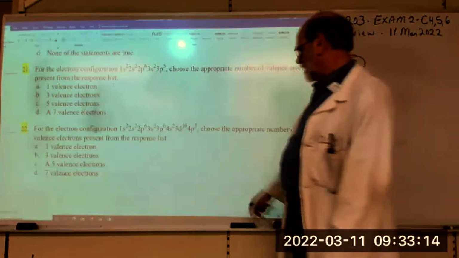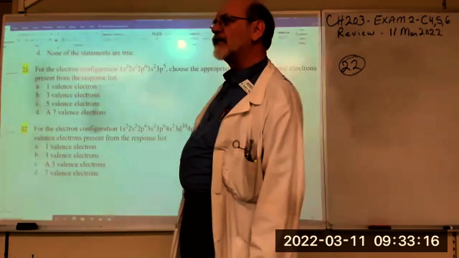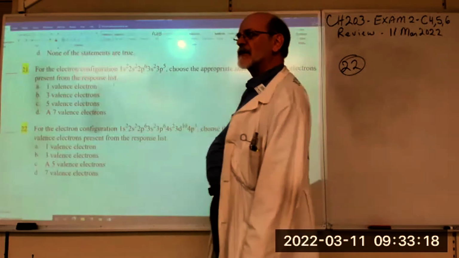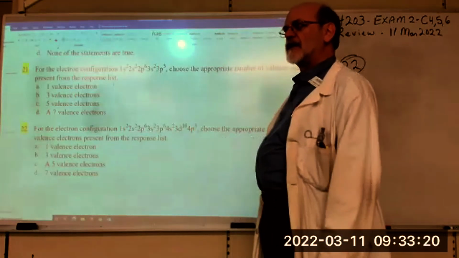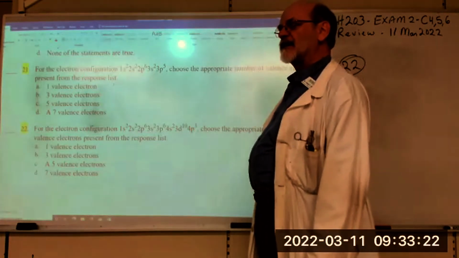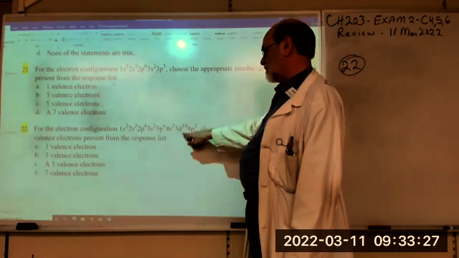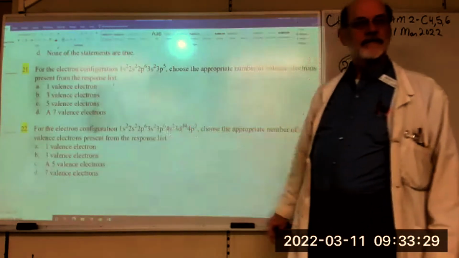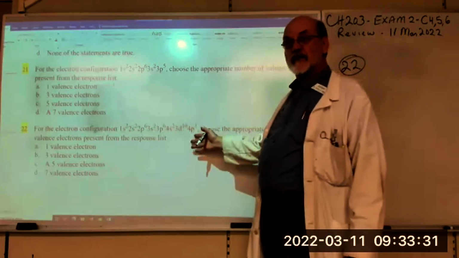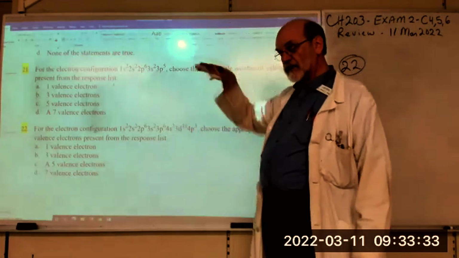What would that be, by the way? 4. 1, 2, 3, 4 would be potassium, calcium, scandium across to zinc, and gallium, germanium, that's arsenic. You can tell that just by looking at the configuration and reading your table.